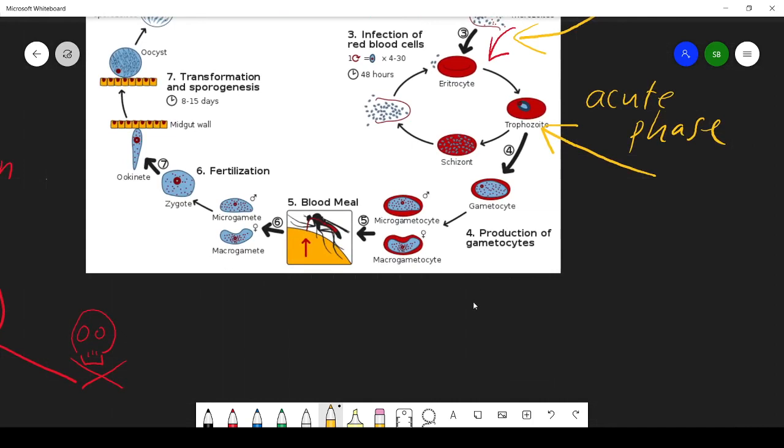So drugs that prevent transmission stop the formation of the zygote.